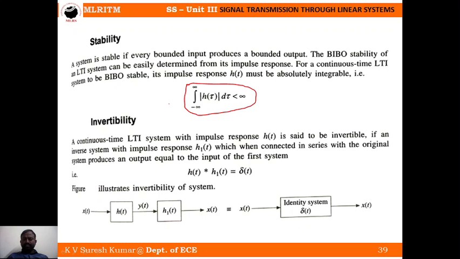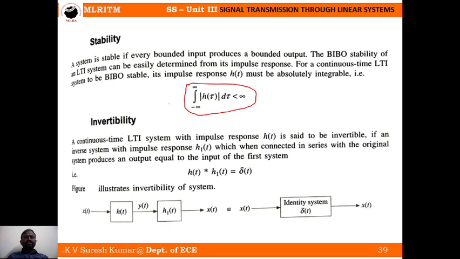So I repeat, causal means you need to check whether it is depending on only present and past inputs. If it is depending on future inputs, then it is non-causal. Linear means it should obey the condition that the weighted sum of inputs should be equal to the weighted sum of outputs.